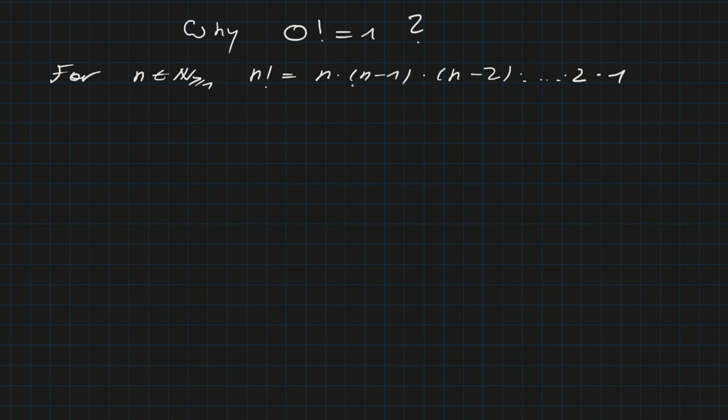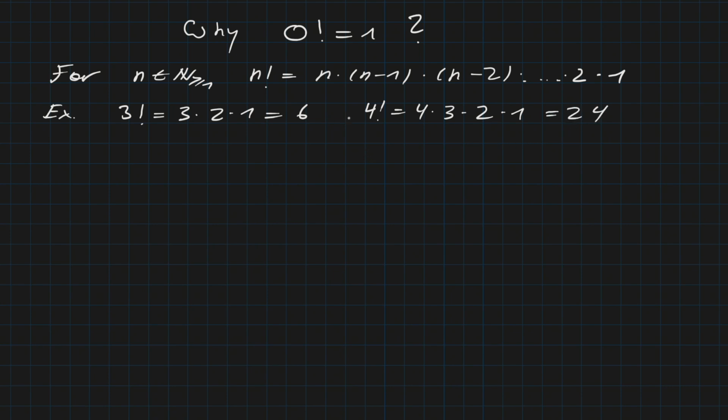So we are just taking the product of n with all subsequent lower numbers. As an example, 3 factorial is 3 times 2 times 1, which is 6. Or 4 factorial is 4 times 3 times 2 times 1, which is 24.